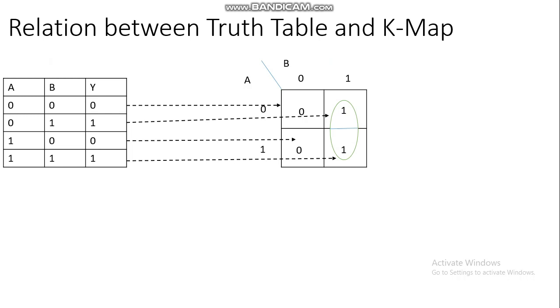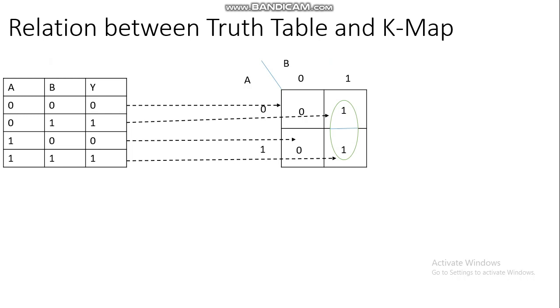Here I have selected consecutive 1s because I am proceeding for the SOP. SOP is sum of product form. If I want to go for product of sum, then I have to select the grouping of zeros. This is the basic difference between sum of product and product of sum, which we have already seen in Boolean algebra and Boolean algebra methods of problem reduction or logic minimization.